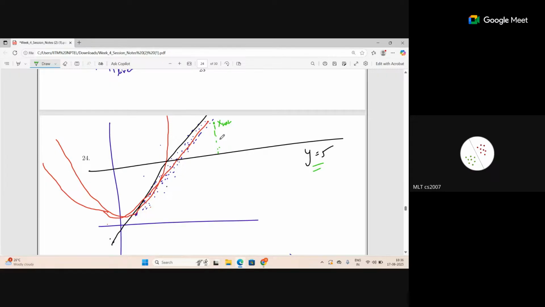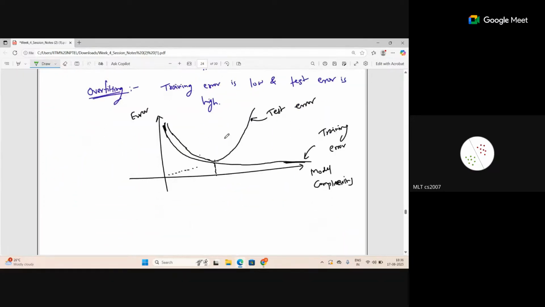Whatever sample you have, if your sample is too small, then issues will happen, and a similar kind of graph will appear. Generally, if your test error is very high and the training error is low, this case is of high variance. If your test error is high and the training error is high, this situation is called high bias.